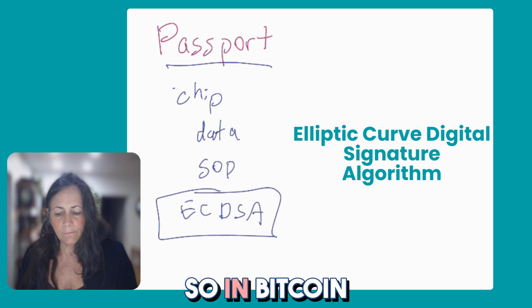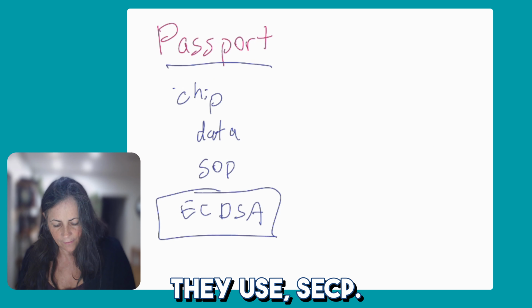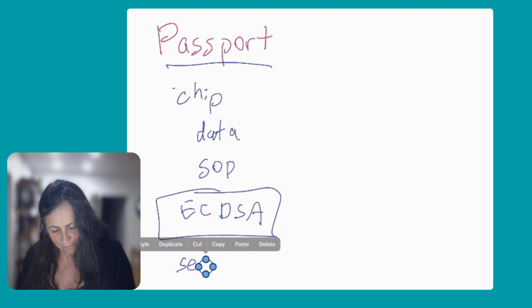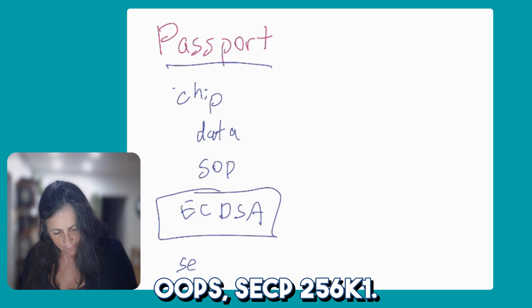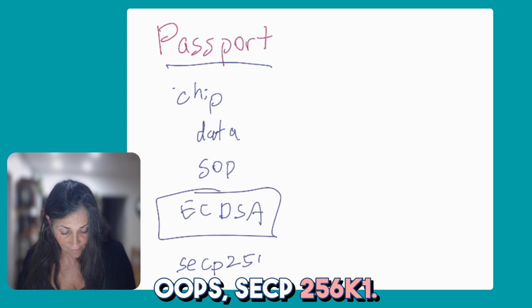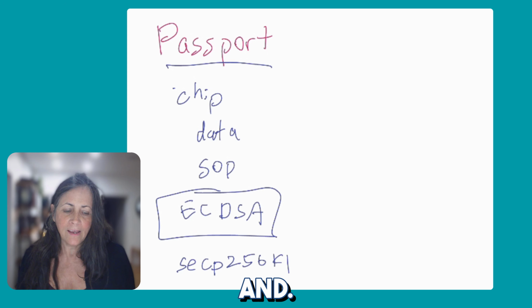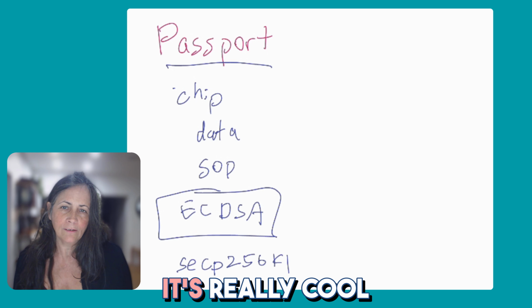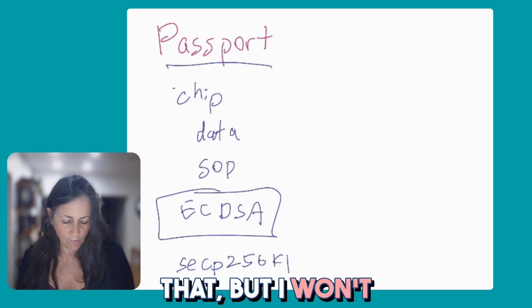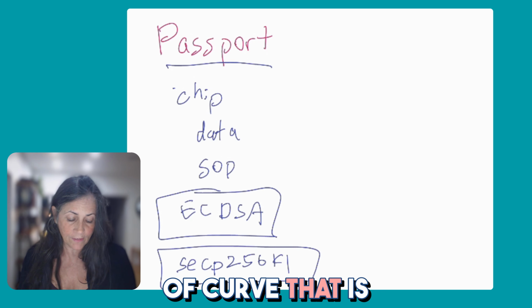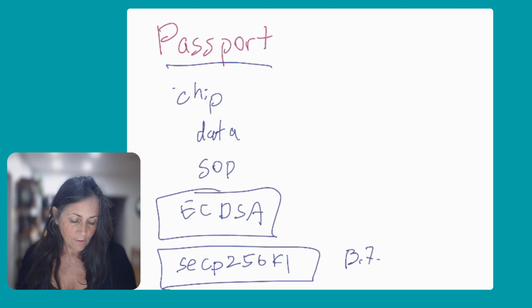So in Bitcoin, they use SECP256K1. And you can study about that. It's really cool to learn about that, but I won't go into that. But that's the type of curve that is used in Bitcoin.